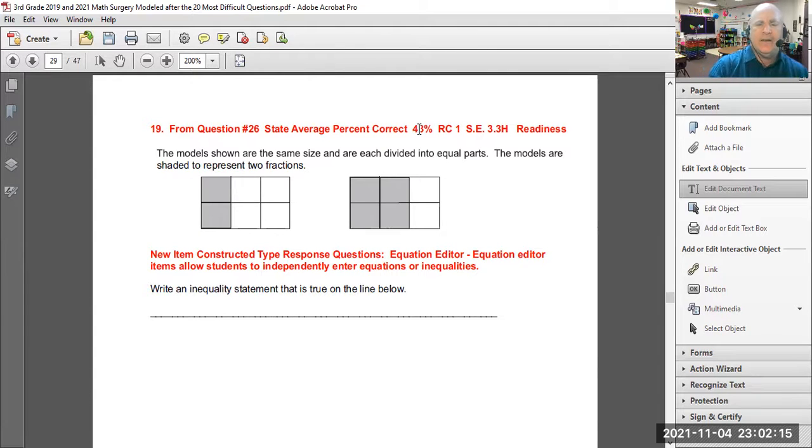So let's take a look at some of the clues they give us. The models, plural, shown are the same size and are divided into equal parts. The models are shaded to represent two fractions. Okay, let's take a look at the first one.